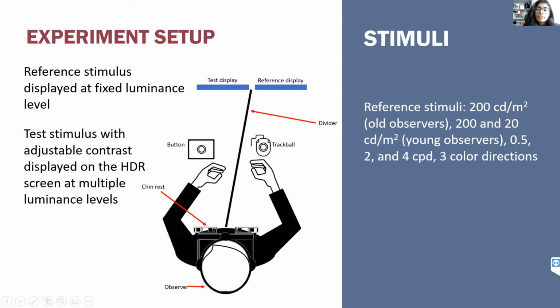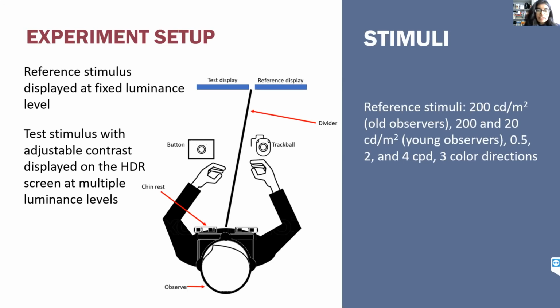So for our reference display, the stimulus was fixed at 200 candela per meter squared. But for a younger observer group, we also used 20 candela per meter squared as a reference, as we wanted to know whether changing the reference background luminance level makes a difference in contrast matching contours or not.